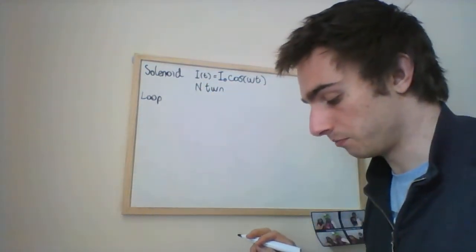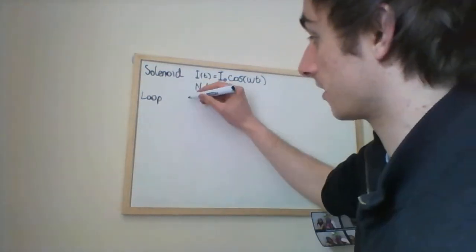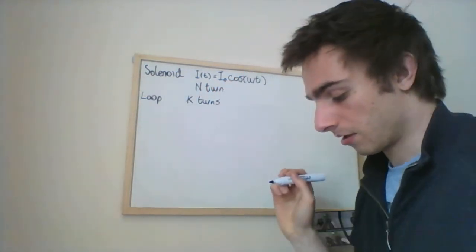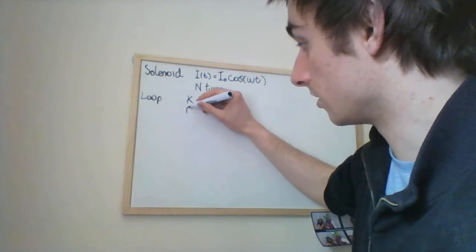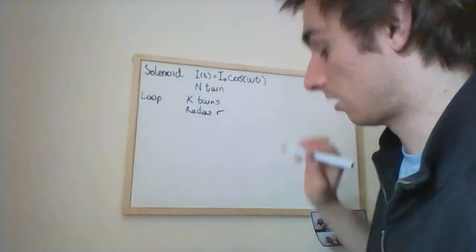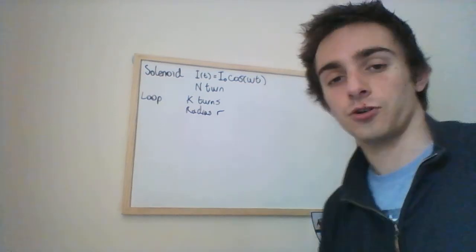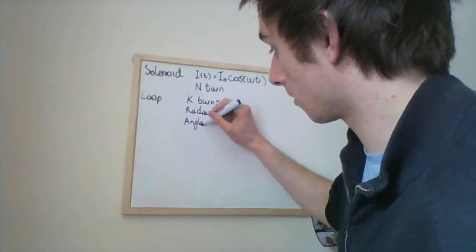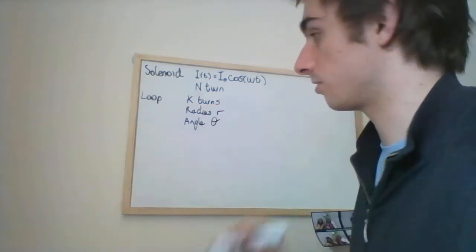And we know the loop has k turns. It has a radius given by r, and it's oriented at an angle I'm going to call theta.